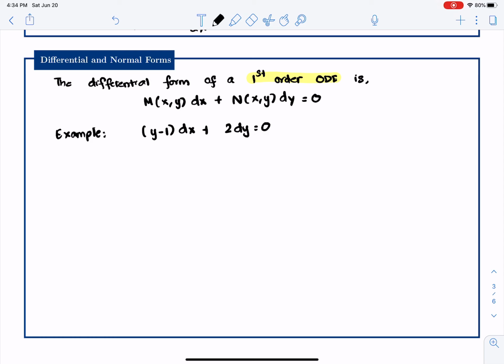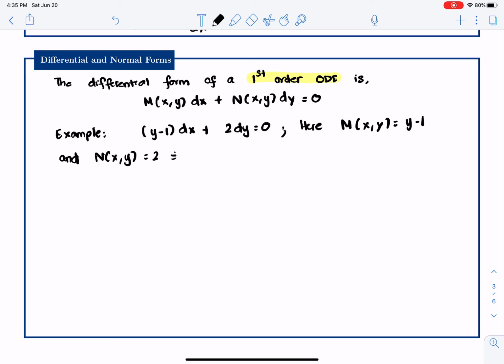Here, m of x comma y is equal to y minus 1, and n of x comma y is simply 2. Now, this is just the differential form of the first order ODE.